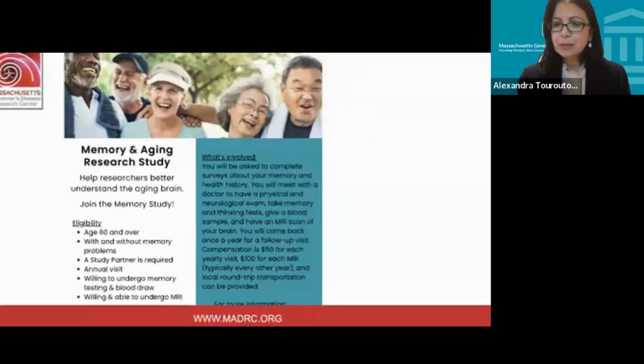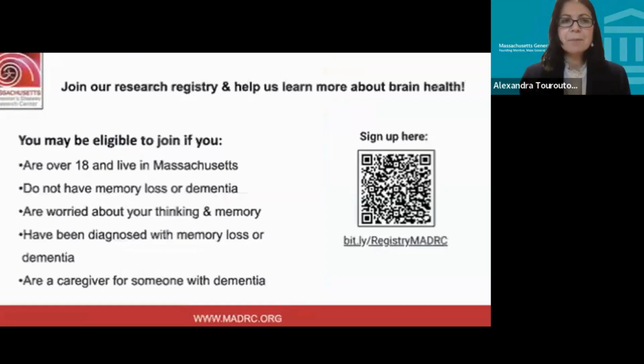But there are also additional studies for those that are really interested in getting more involved in our research at the Massachusetts Alzheimer's Disease Research Center. Please sign up here at the registry MADRC and join our research registry and help us learn more about brain health. I think it's really important.